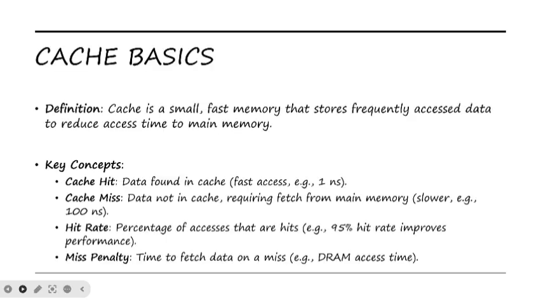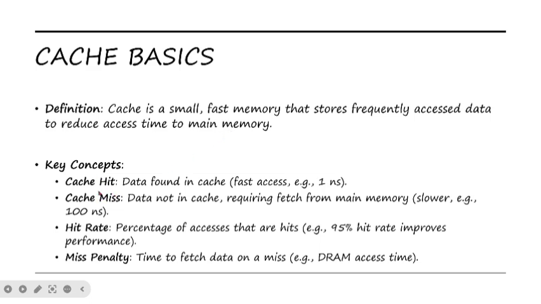So we're moving on to the cache basics. The definition of cache, as I said earlier on: cache is a small and fast memory that stores frequently accessed data to reduce access time to main memory. Then the key concepts.